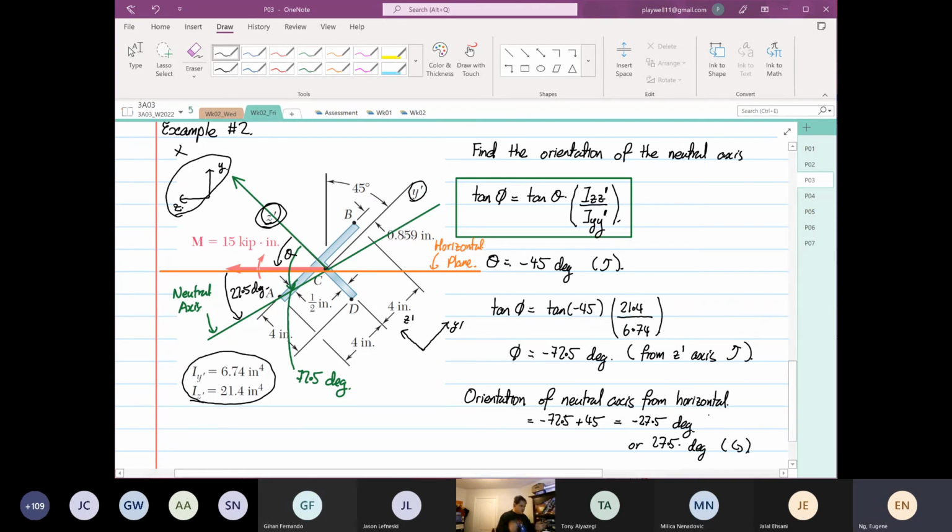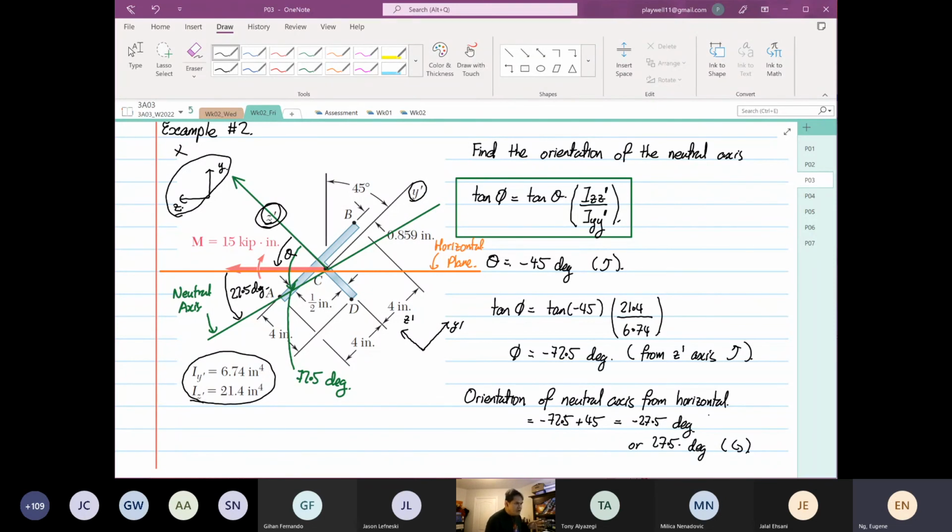The reason is that it's easier to find IY prime and IZ prime rather than IY and IZ. This is the part where a lot of students get it wrong. So is the angle always from the z-axis? Yes, the z-axis that is attached to your structure.